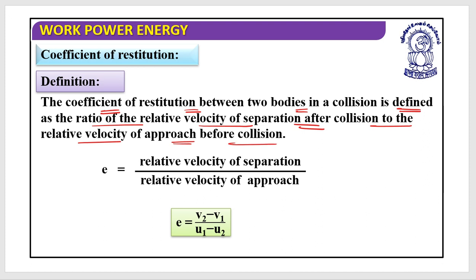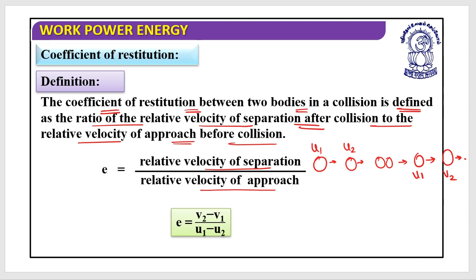So if this was first, this was second, moving with u1 and u2, they are going to collide, and after that this was v2, this was v1, moving in these directions.